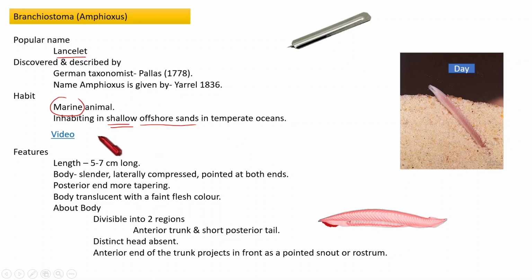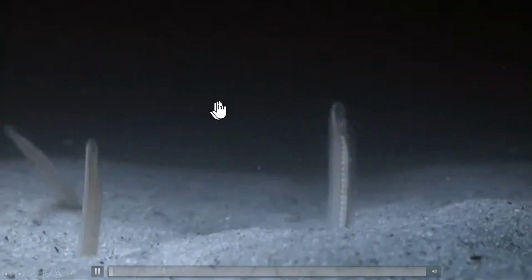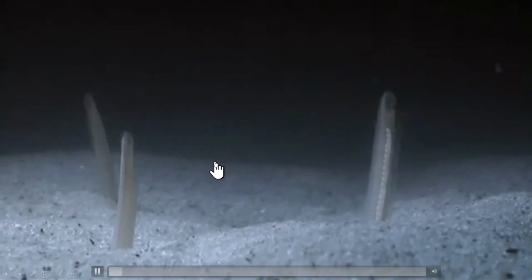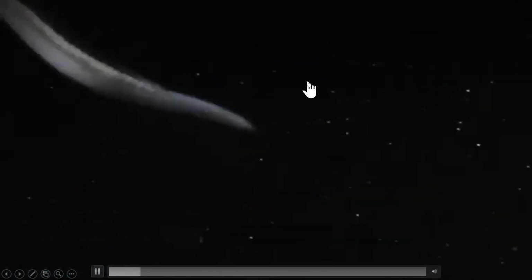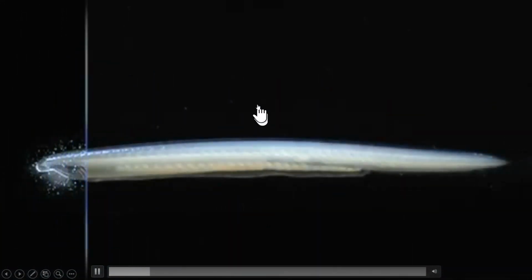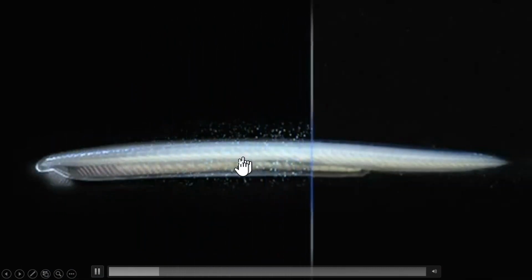So I'm going to show you one video to show what pattern it moves in, and regarding its body plan. Here you can see its undulating movement, and this type of movement it shows during the night time.